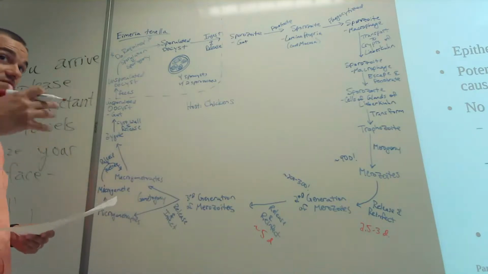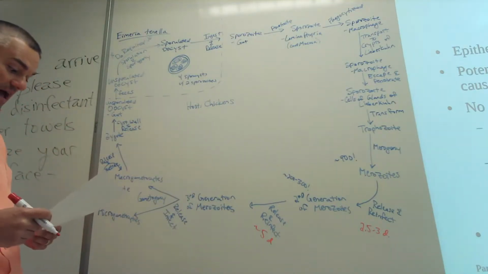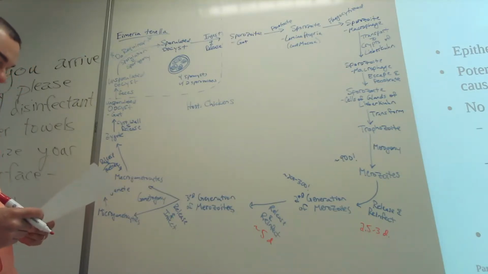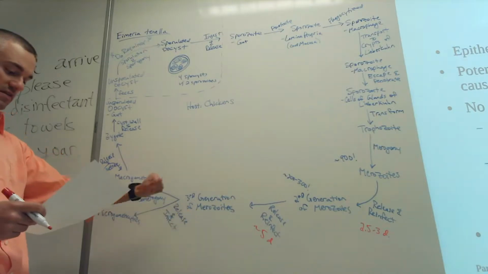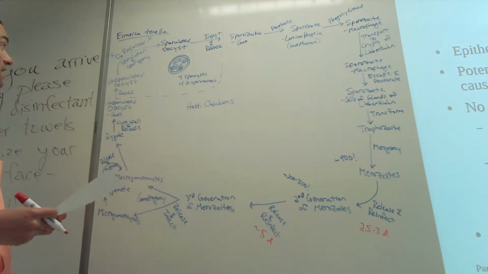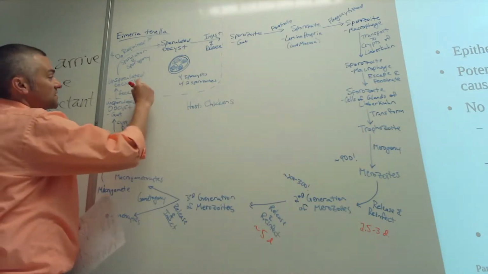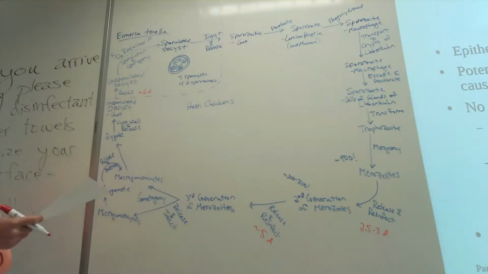So it's within a week. We are now getting to that stage where we have merozoites that will undergo gametogeny. It's at 6 days when our chicken can start shedding unsporulated oocysts, so within a week.